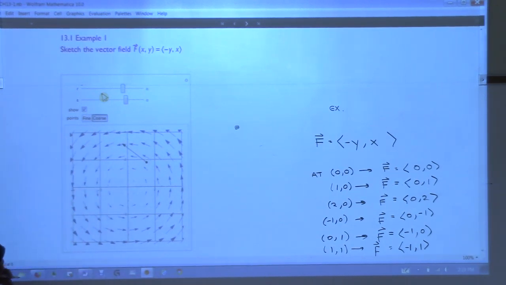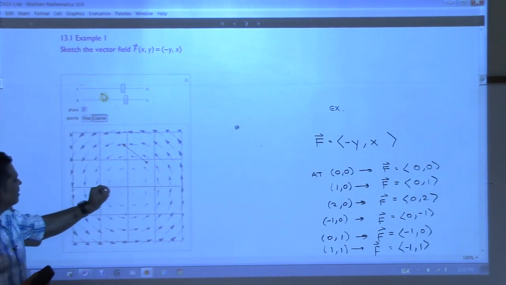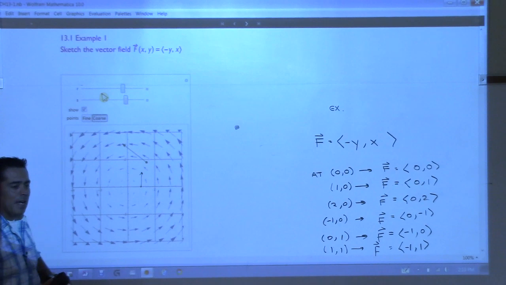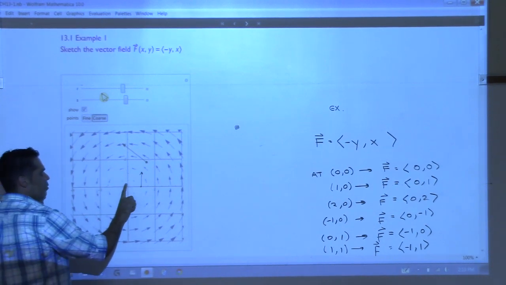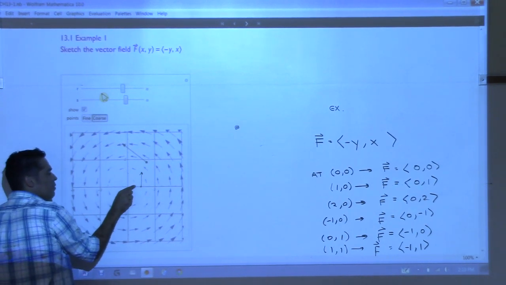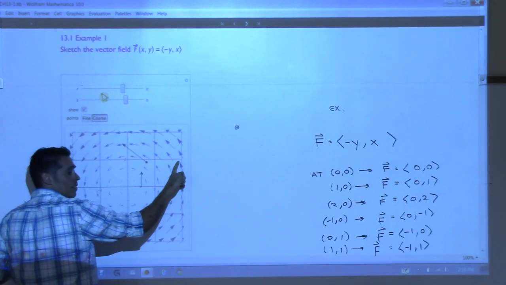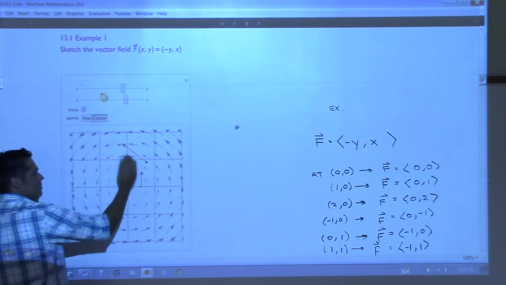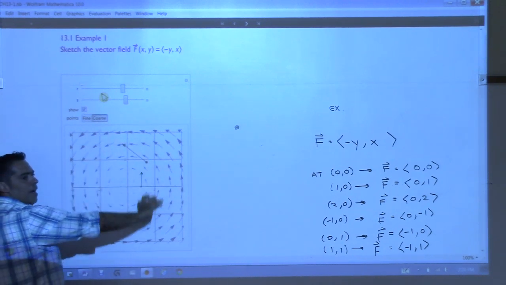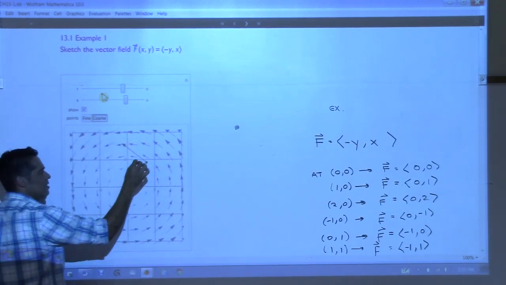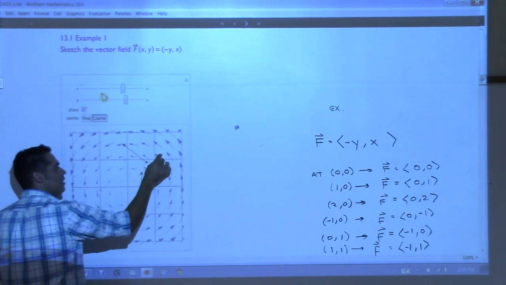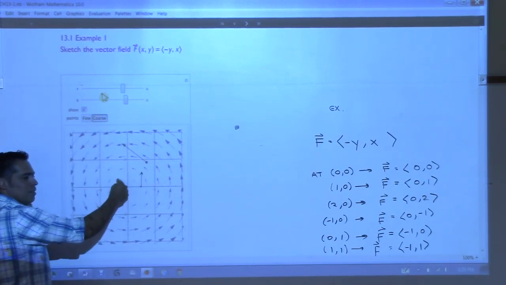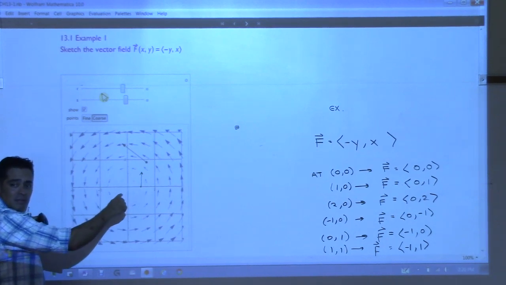It's not giving you the exact vector at 1, 1. What it's trying to show you is that as you move to the right, the vectors get longer, and as you move to the origin, they get smaller. And they seem to have some sort of turning effect. If you were to let something go in here, it would start rotating around, but closer to the origin it wouldn't be as fast, right? That makes sense?